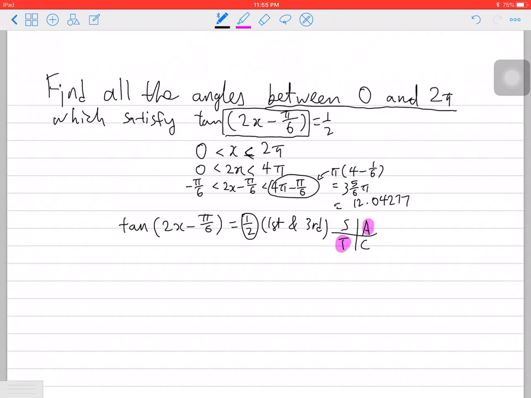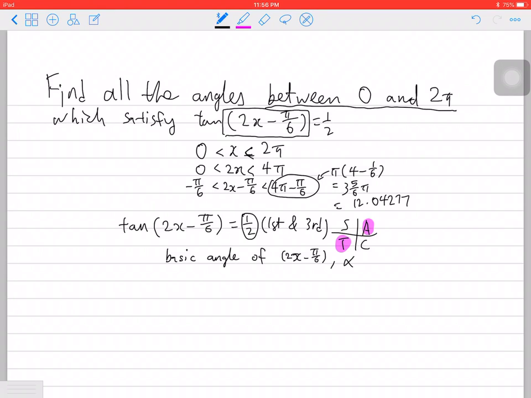Do take note that this basic angle that we are finding is the basic angle of 2x minus pi over 6.